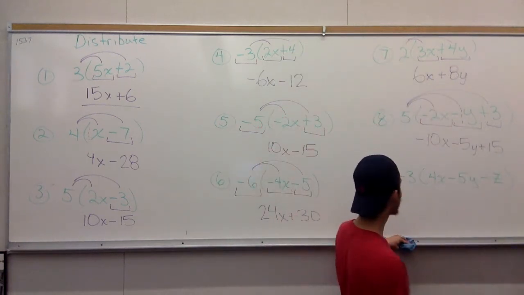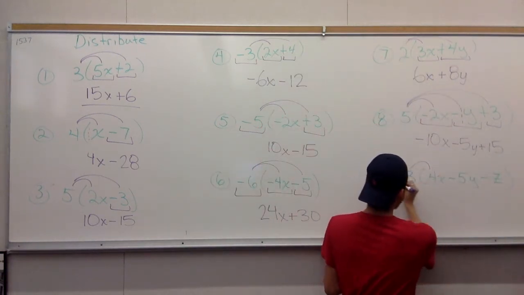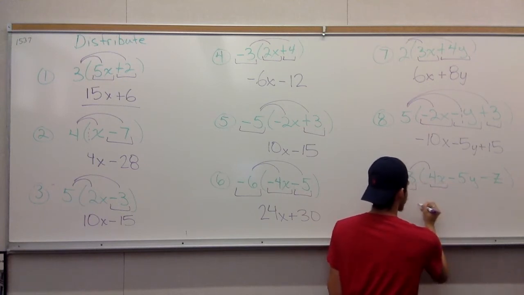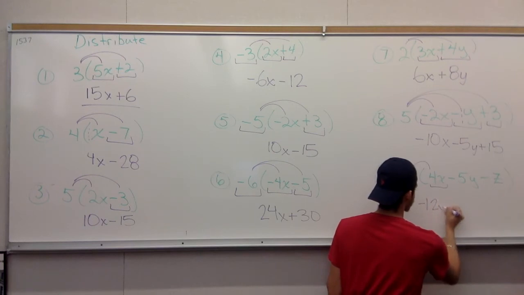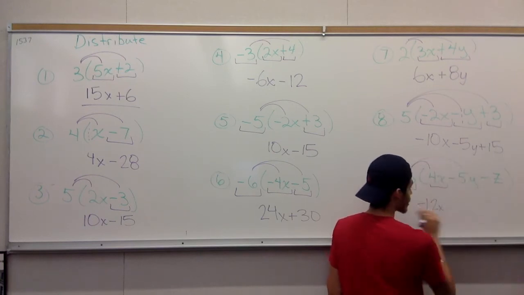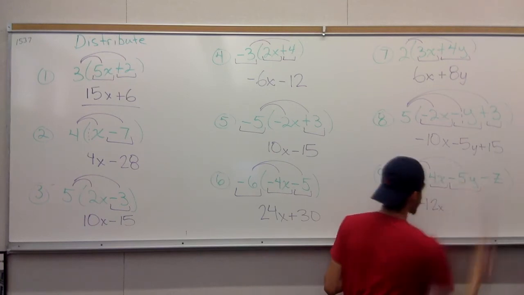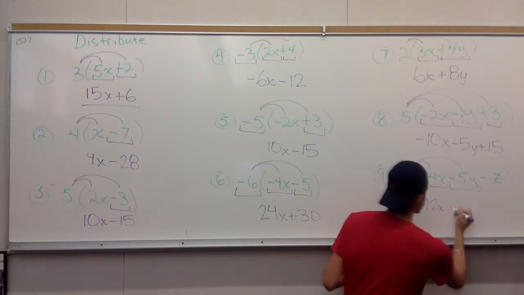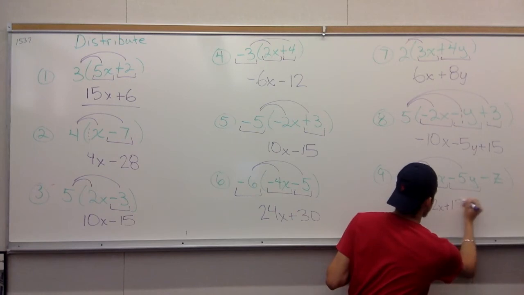Now for the final one, negative 3. Don't forget about the negative. Negative 3 times 4x would give you negative 12x. Second loop, negative 3 times negative 5y. Remember, multiplying two negatives creates a positive, which would give you 15y.